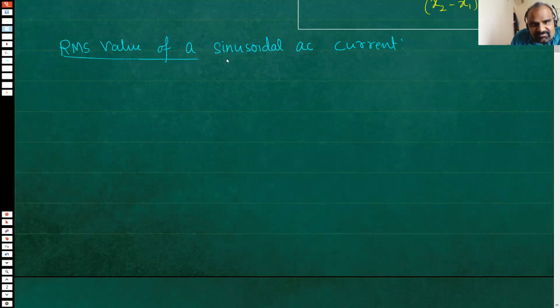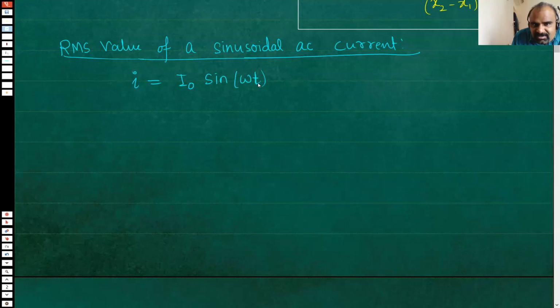With the knowledge that you have just now acquired, the instantaneous value of current is I naught sine of omega t. I can take plus phi or I can ignore plus phi. That phi is not really a worthless quantity, but here, finding the average, that phi will not be so important.